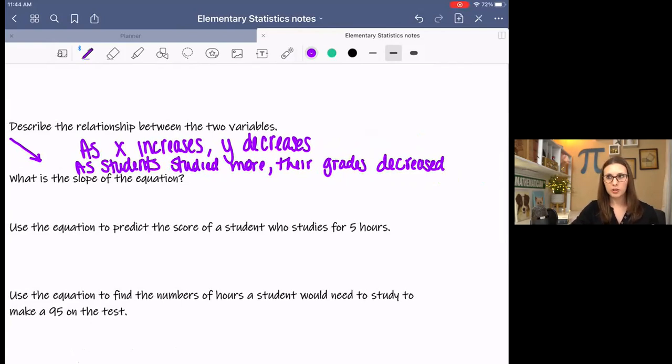I would think that a student who studied more would make a higher grade. But first of all, this is a really small sample. It's only 8 students, and it's probably specific to this particular class. It might be explained by maybe the students who studied more were the students who struggled more in the class. Maybe the students who studied less were more mathematically inclined.